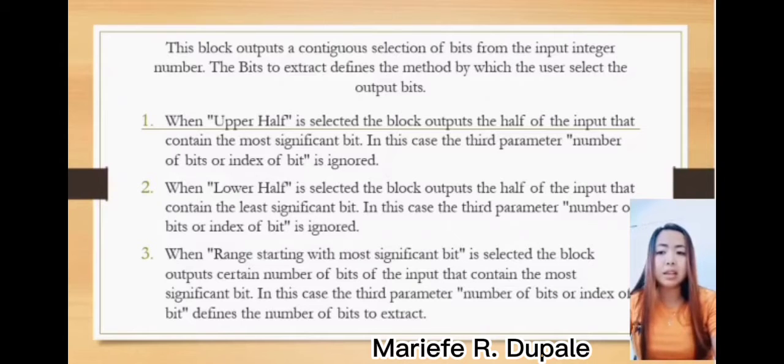In this case, the third parameter is ignored. When Range starting with most significant bit is selected, the block outputs a certain number of bits of the input that contain the most significant bit. In this case, the third parameter, Number of bits or Index of bits, defines the number of bits to extract.